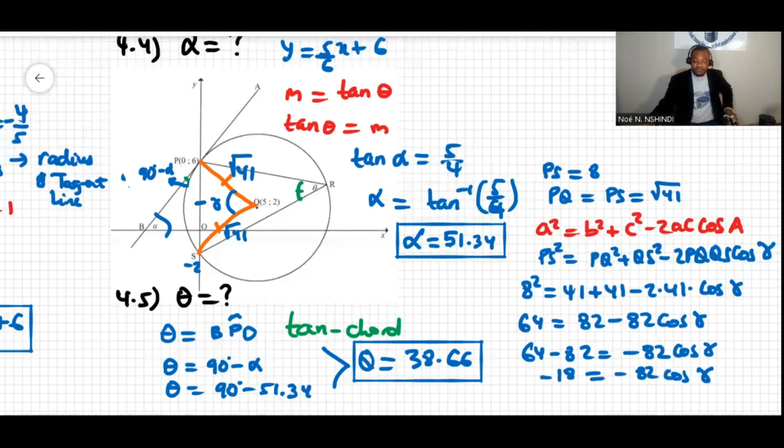Negative 18 equals negative 82 cos gamma. Now we can divide both sides by negative 82.